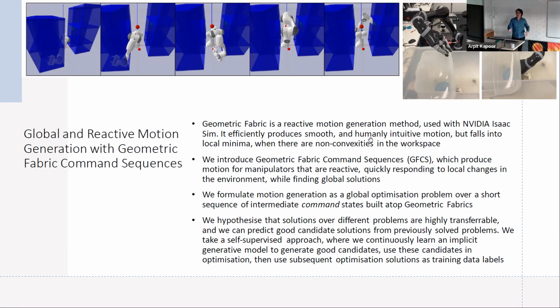So this is basically motion planning. You're given some start states, you have some goal states, you have an environment. How do we generate feasible motion from one state to another? So the whole trajectory.